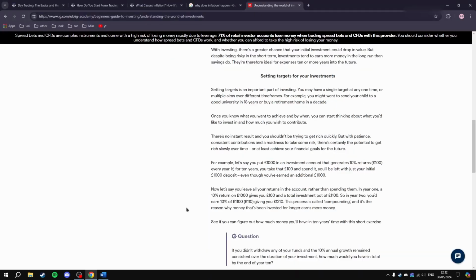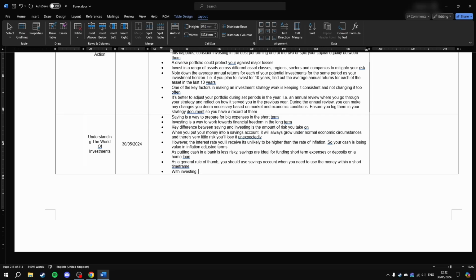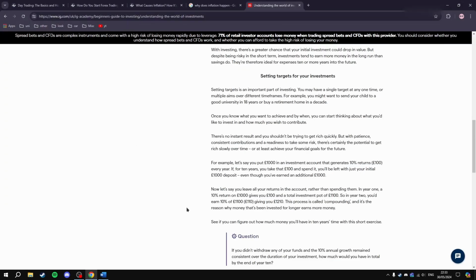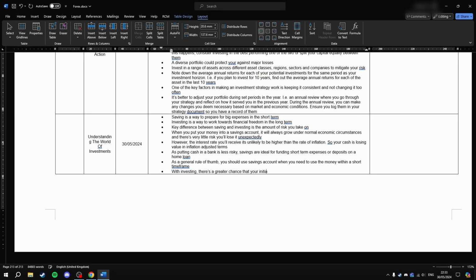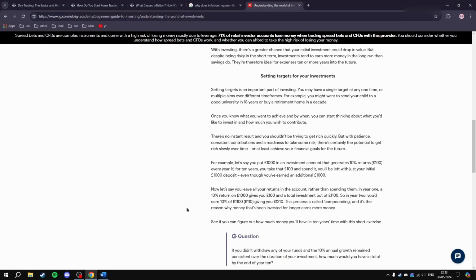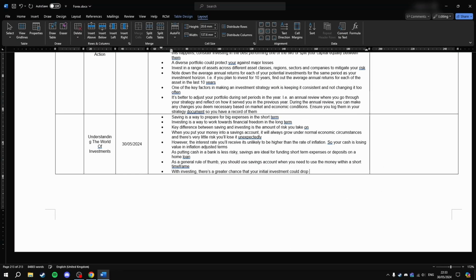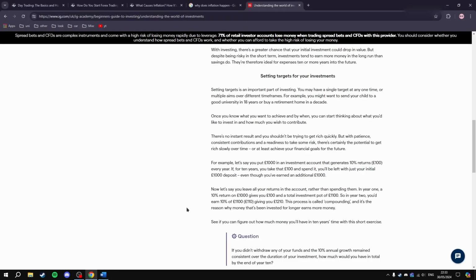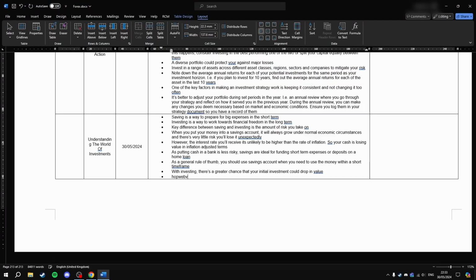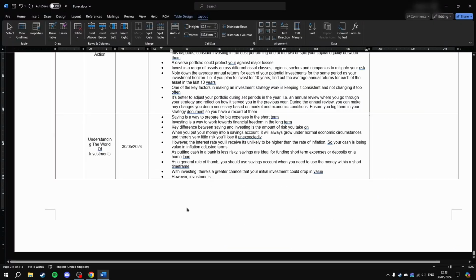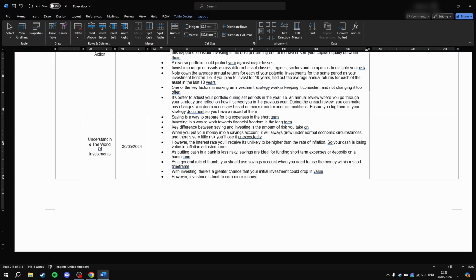With investing, there's a greater chance that your initial investment could drop in value. However, investments tend to earn more money in the long run than savings do.